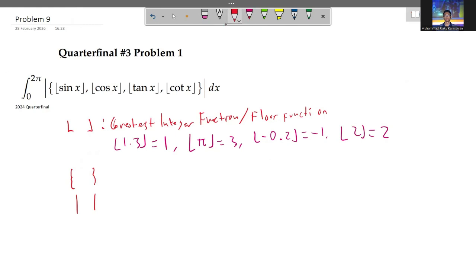Now, what about the second bracket? The second type of bracket here is the set indicator. What you have here is a set of numbers, defined as the GIF, the greatest integer function, of sine of x, cosine of x, tangent of x, cotangent of x.